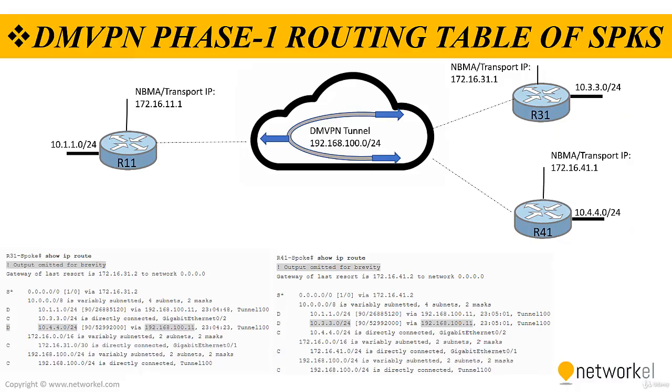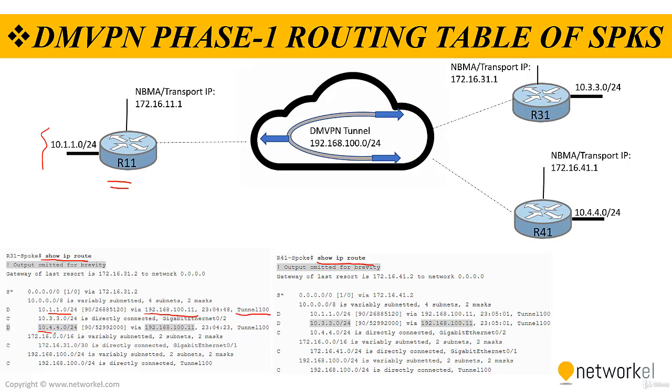So when it comes to the routing table of spokes, if we were to run the show ip route for both spokes, we can see here is a 110 network for 31. 110 is the local area network segment of router 11, so it is learned via router 11's tunnel interface.